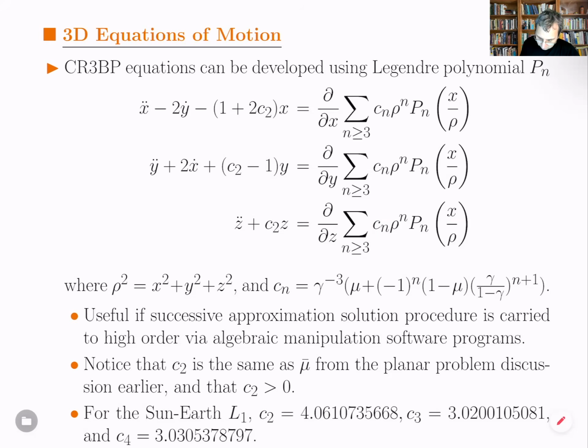C2 is actually the same as mu bar that we used from an earlier lecture, and C2 is greater than 0. And for the Sun-Earth L1, I'm just showing some of these first few constants. C2 is around 4, C3 is around 3, and then C4 is around 3 as well.